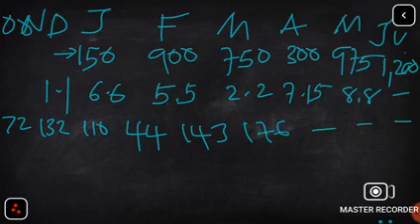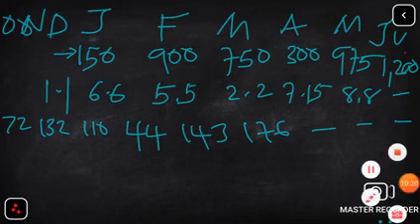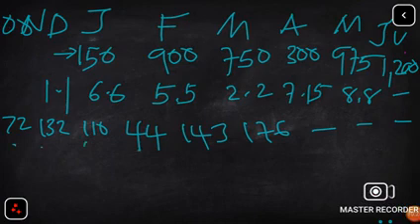Then nothing in the last 3 months. So this one is for October, November, December, January, February, March. Then April, May, June is empty because of what we were given.